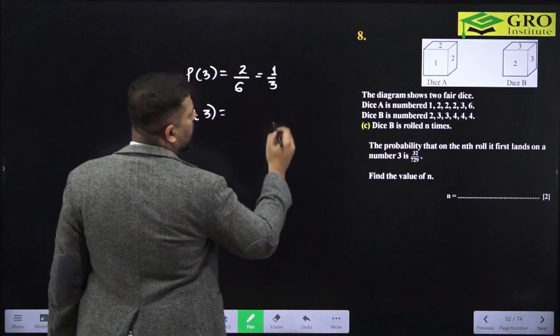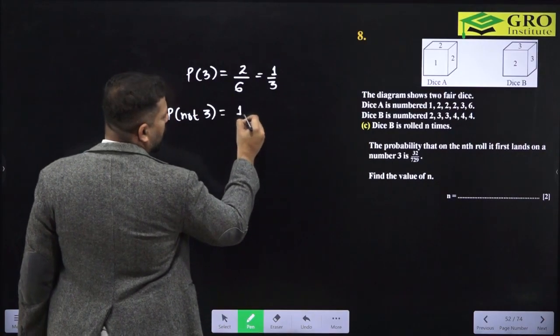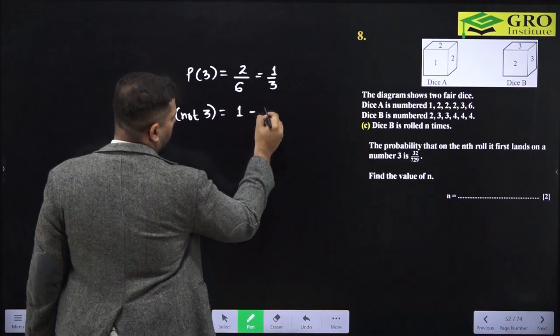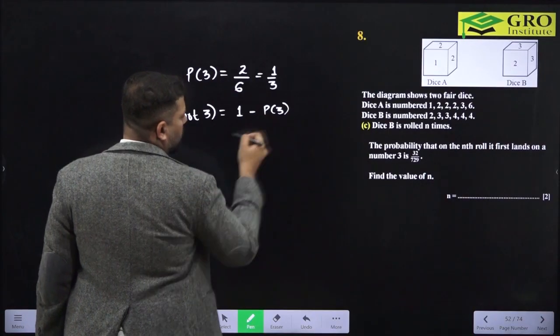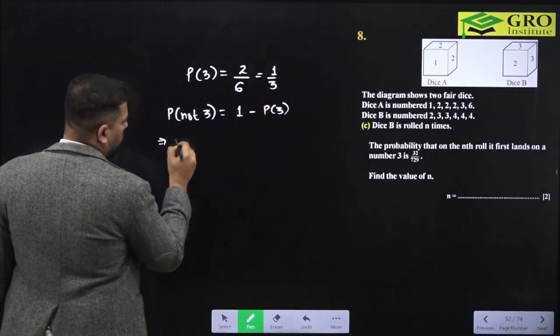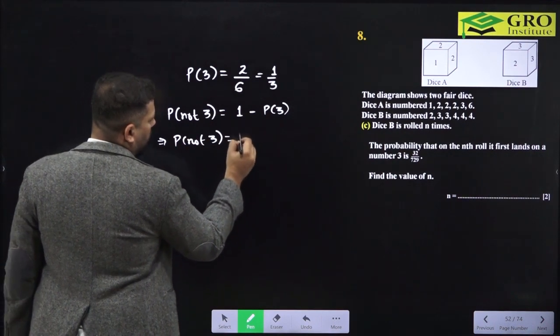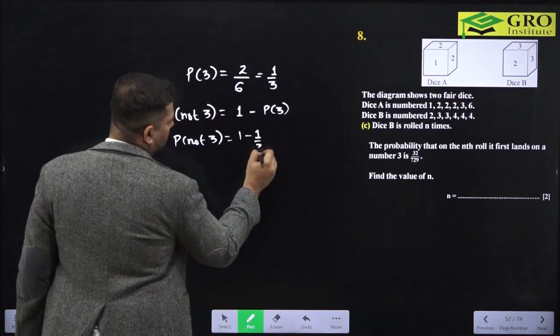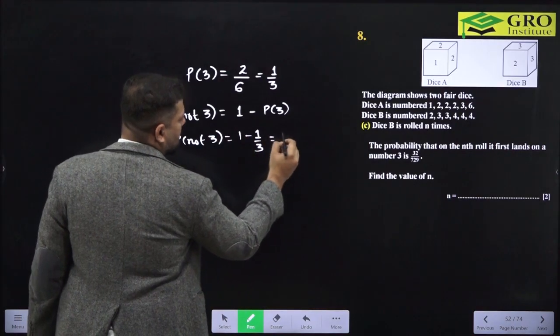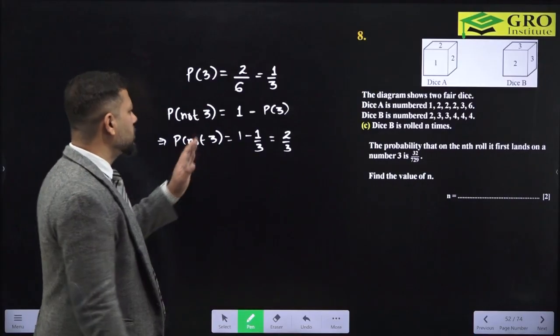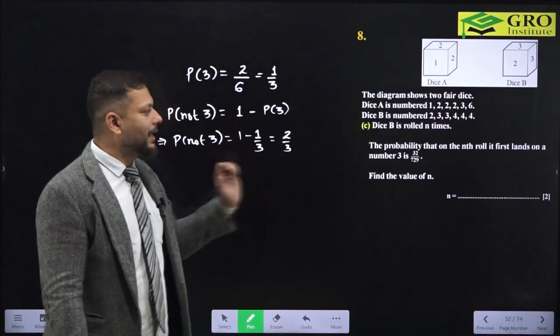It is going to be 1 minus 1 by 3, or I would write like this: 1 minus probability of getting 3. So it is going to be 1 minus 1 by 3. That will simply result into 2 by 3. So we got the probability of getting a 3 as well as not getting a 3.